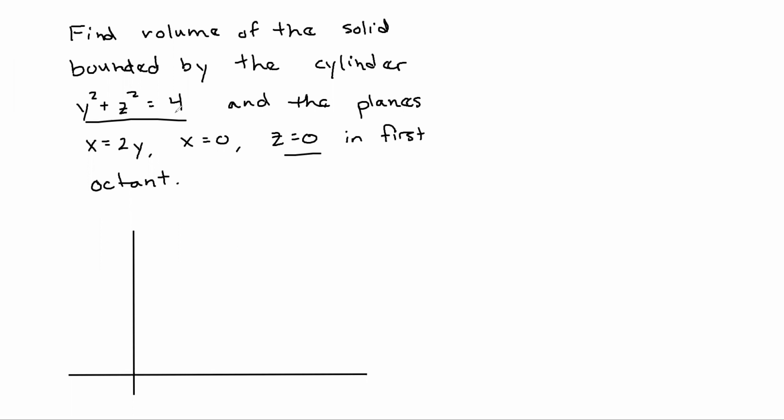And again, your goal is to graph nothing. If you solve for z, you're going to get z equals plus or minus the square root of 4 minus y squared. So this plus tells you that part of the cylinder is above the xy plane, with a positive z value, and part of it is below the xy plane.